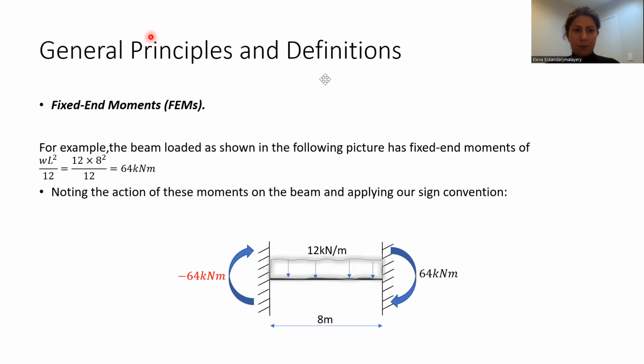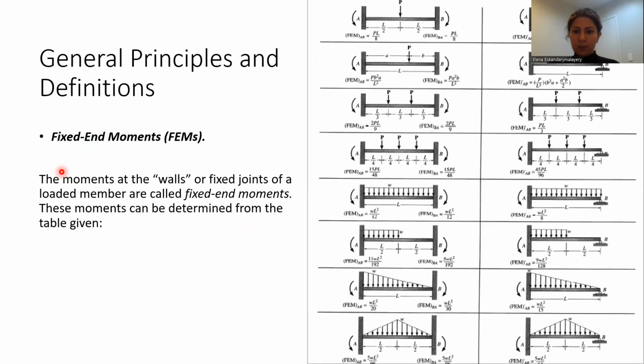Let's have a look at an example. If we have two ends fixed with a UDL of 12 kilonewton per meter, from the table, the fixed end has WL squared over 12. So that would be this case: two ends fixed with UDL. So the bending moment is WL squared over 12.